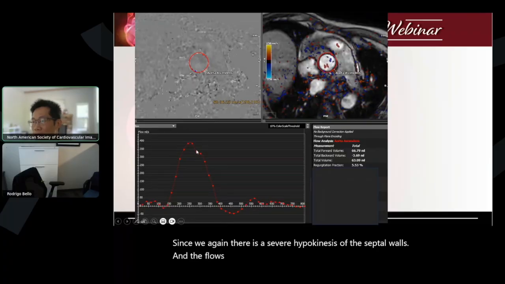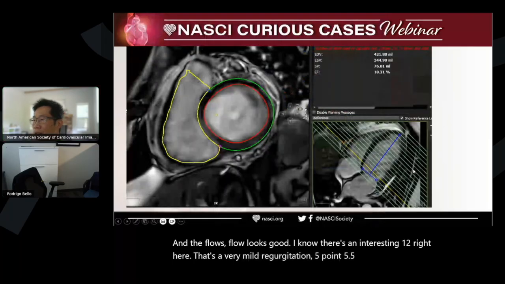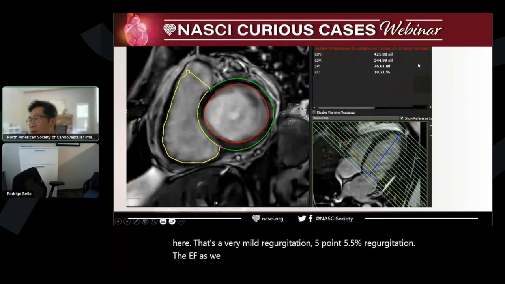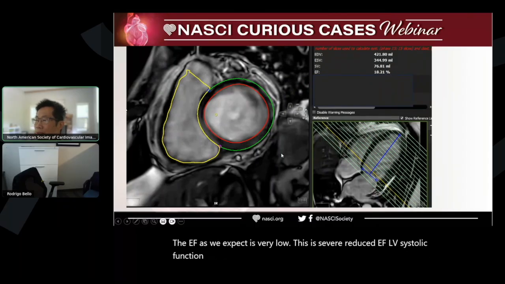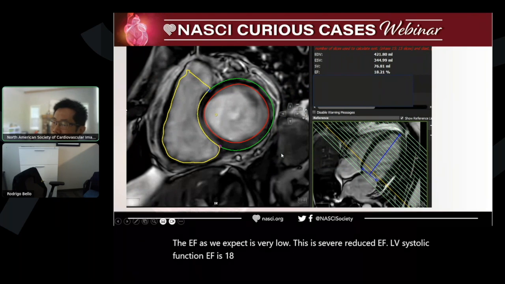I notice there's an interesting trough right here. There's a very mild regurgitation, 5.5%. The EF, as we expected, is very low. This is a severely reduced EF. LV systolic function EF is 18%, matching what we've seen on the cine images.